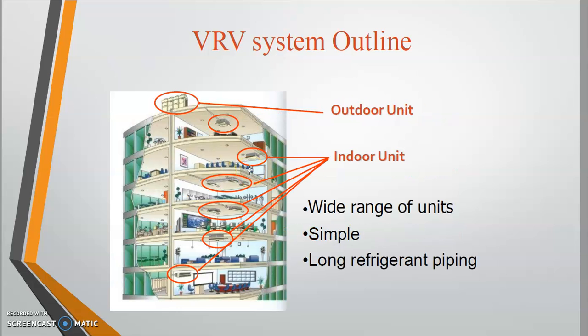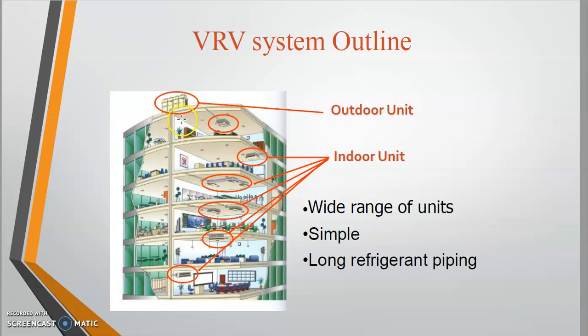So what is the difference between the VRV system and other centralized systems? The simplest way to say it is that the VRV system is almost the same as a split unit system, but it uses one outdoor unit and multiple indoor units. As you can see from the figure, there is one location for the outdoor unit, and it is connected with a long refrigerant piping.